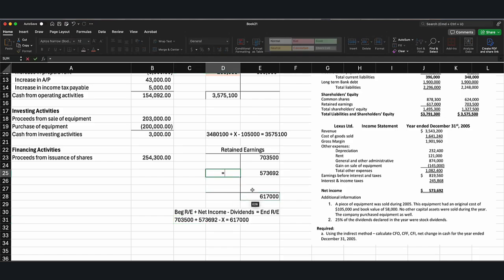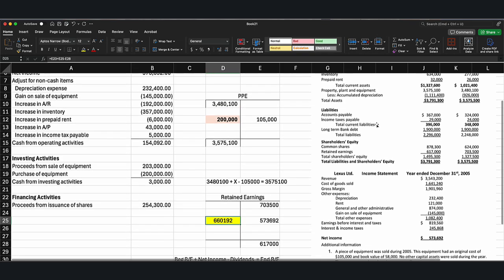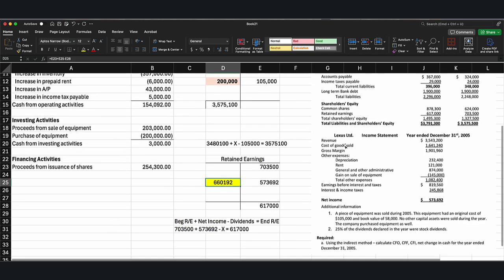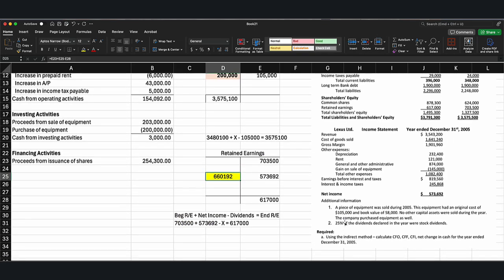Okay, let's see what that is. It's this plus this minus this. 660. Good. So we know that we declared 660. We know we paid the whole thing because there was no dividends payable in your liabilities. So the whole thing was paid, but 25% of that was not paid with cash.